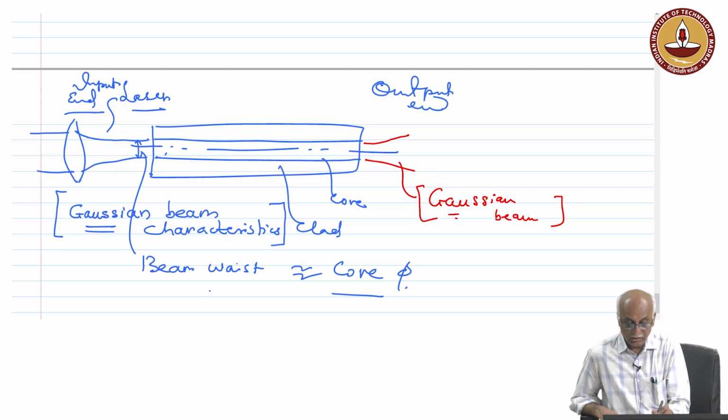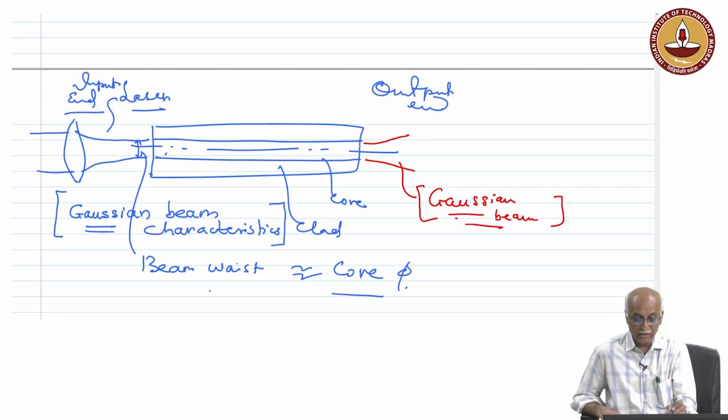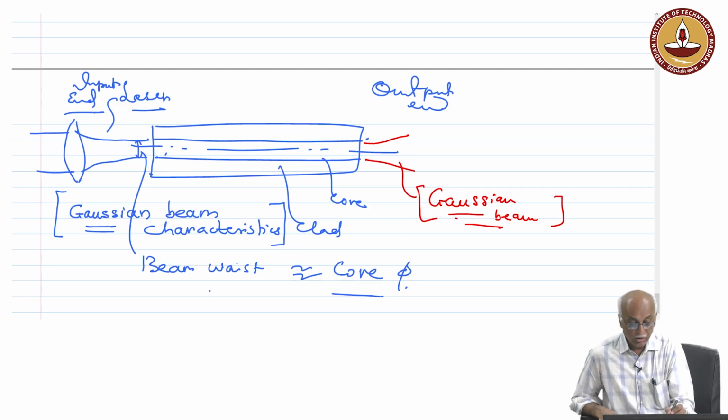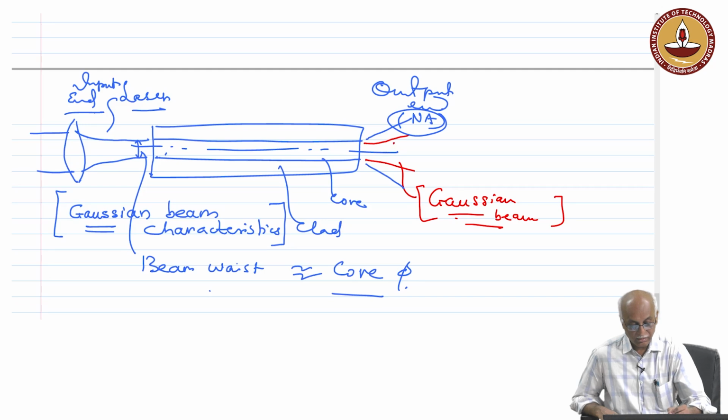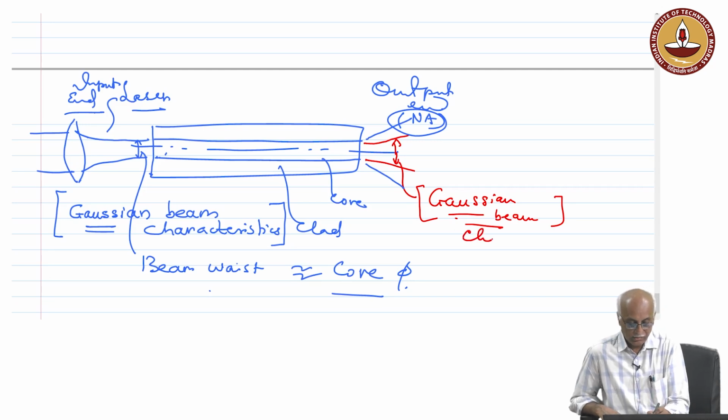However, it is the Gaussian beam characteristics which will determine the divergence angle, not the numerical aperture of the fiber. The numerical aperture of the fiber may allow a larger divergence angle, however this divergence angle is decided based on the Gaussian beam characteristics.